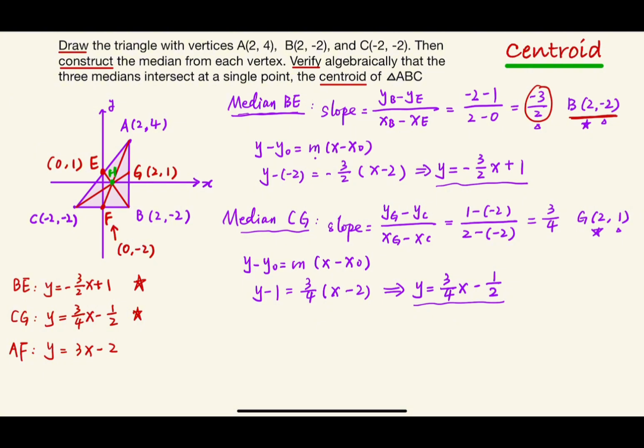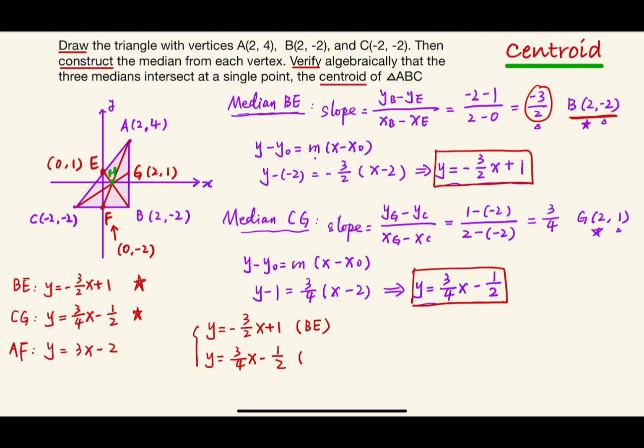Now, we need to make use of this equation and this equation to construct a linear system. Y equal to minus 3/2 x plus 1, y equal to 3/4 x minus 1/2. This is a linear system. This one represents median BE.